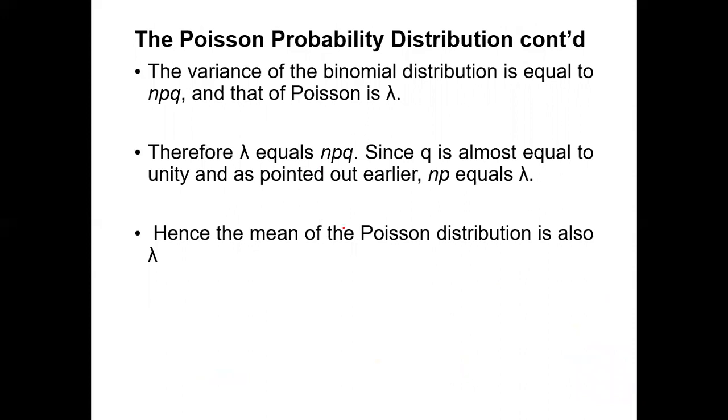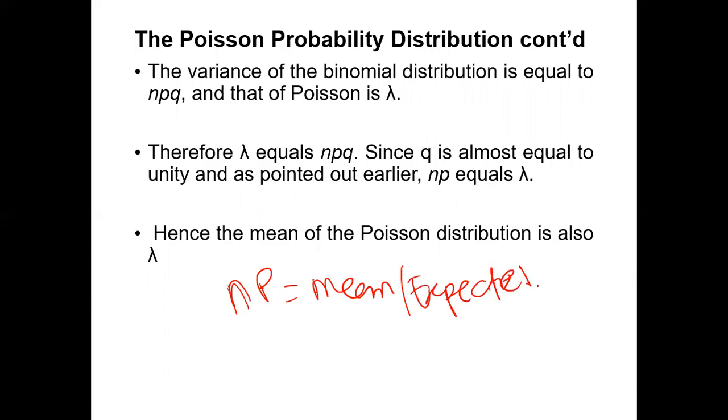Now, before we move on, let's know some basic terms as well. Let's note that for discrete probability distributions, whether binomial or Poisson, one of the key features is that if you multiply the number of trials by the probability of success, we should get the mean or the expected value.